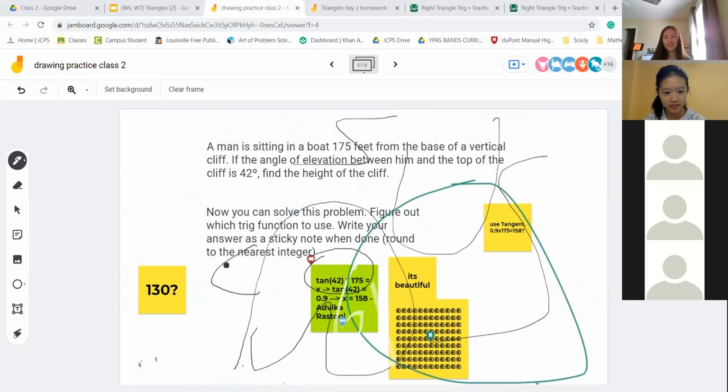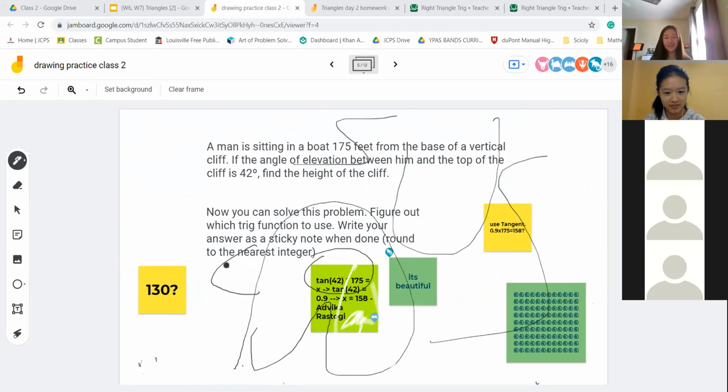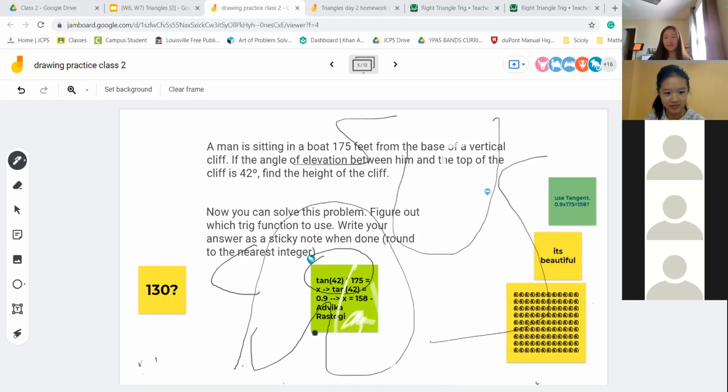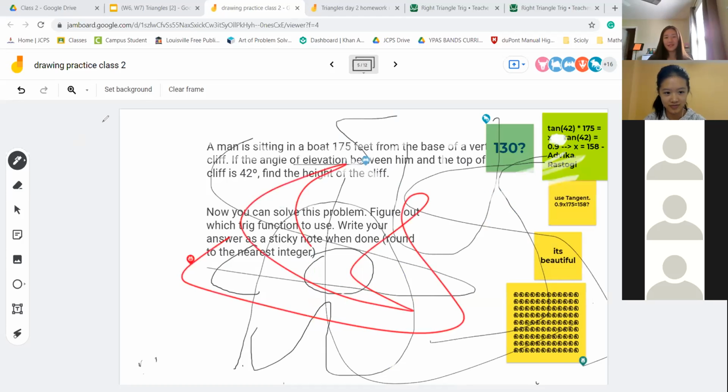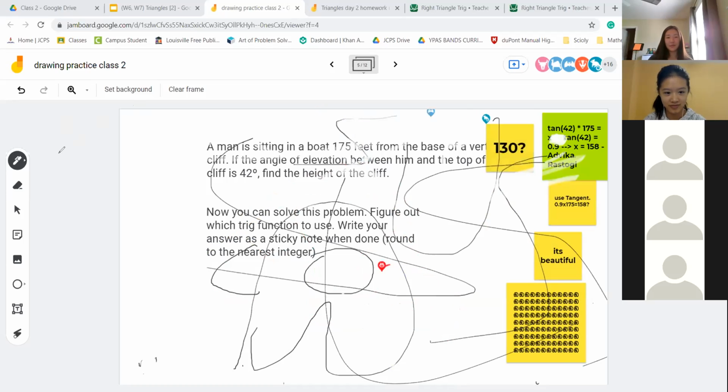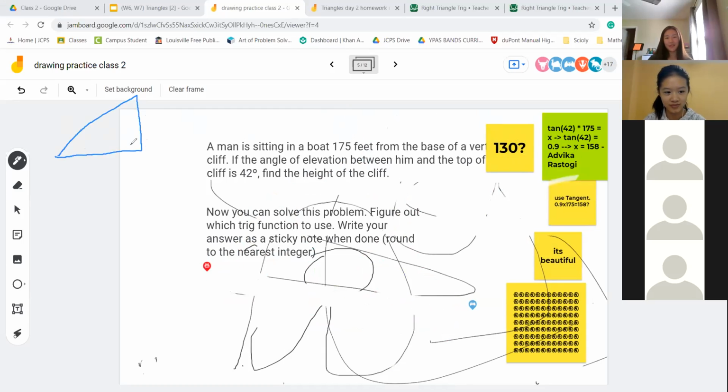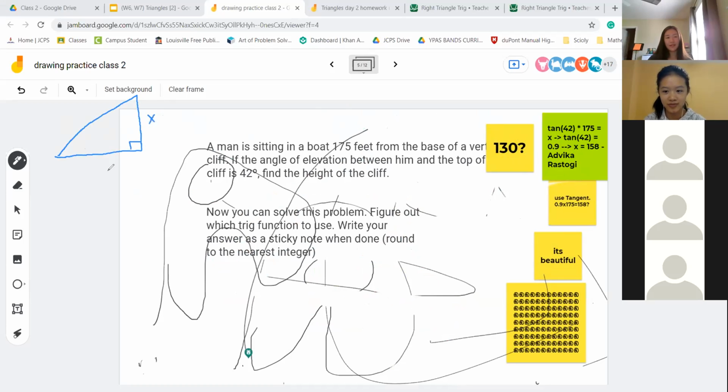Okay, so I think we should go over it now. I'm going to use this so that nobody can erase mine. Everybody basically drew the diagrams, right? So this is the cliff and I'm going to make the height x.